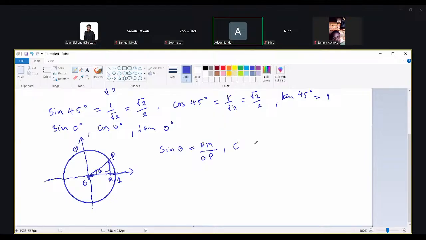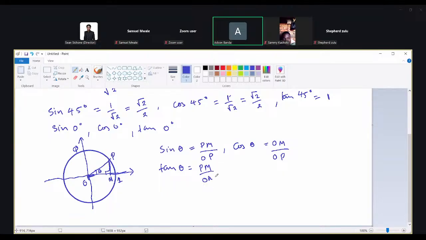And the cosine of theta is equal to adjacent, which is OM, divided by the hypotenuse, which is OP, and the tangent of theta is PM divided by OM. Yeah, so these are the ratios from what we have.